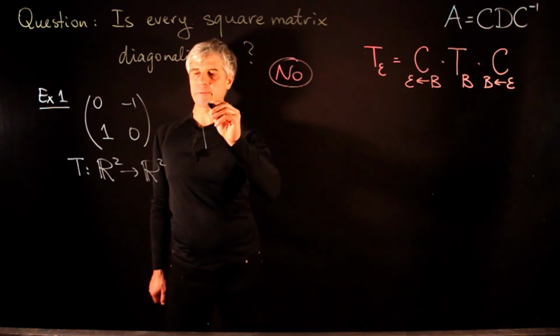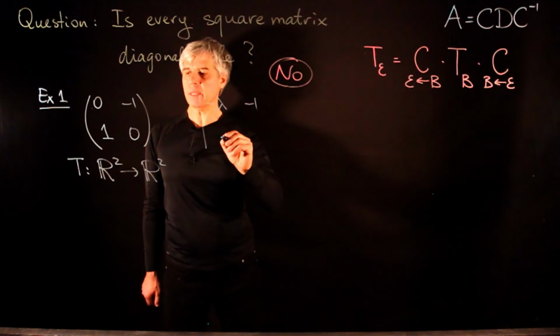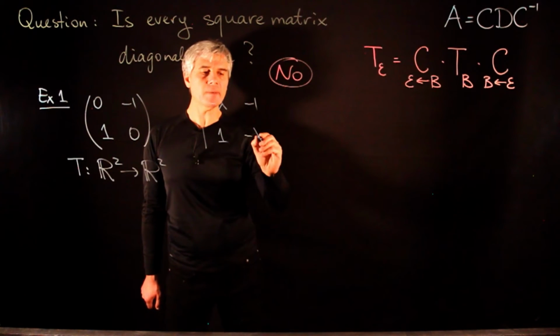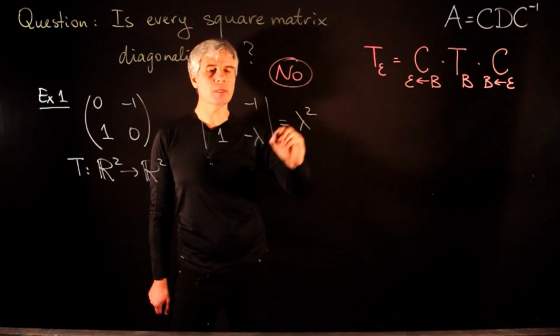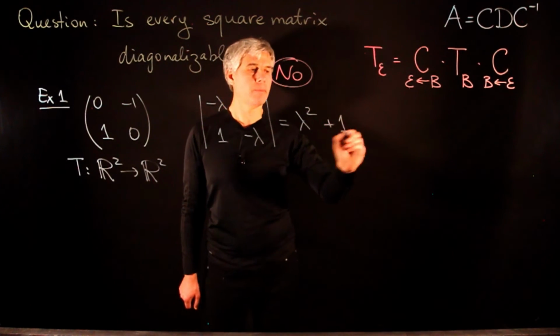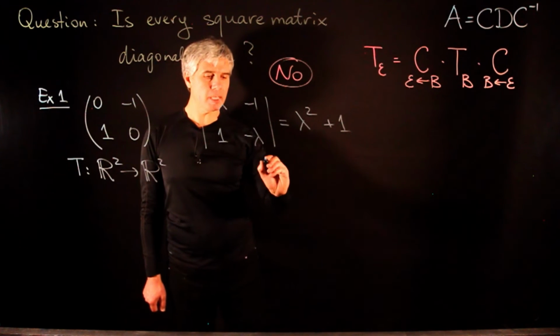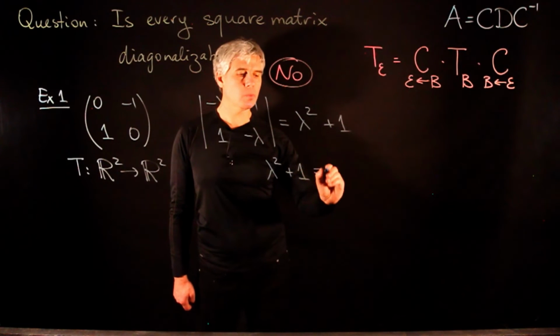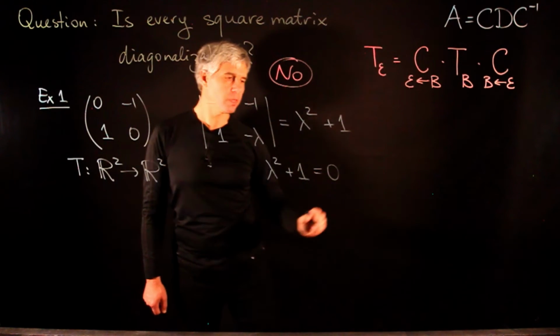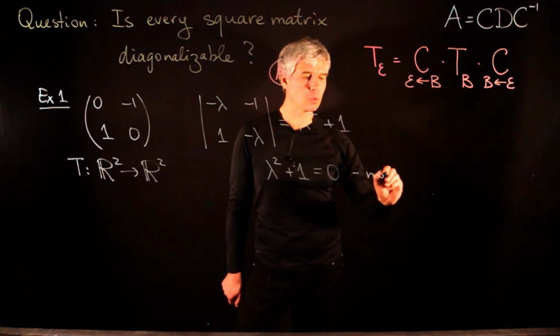So here we have minus lambda, minus 1, 1, minus lambda. And so this determinant is equal to lambda squared plus 1. And if we write down the characteristic equation, lambda squared plus 1 is equal to 0, then we see here that we have no roots.